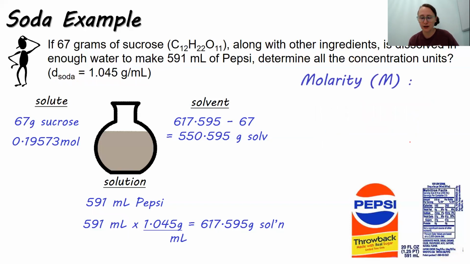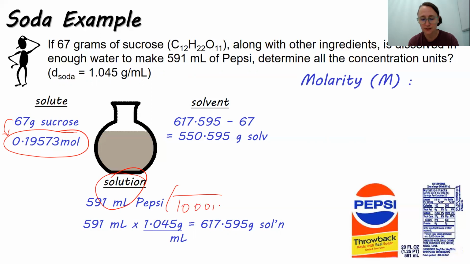All right, so let's try molarity. Molarity is moles of solute over liters of solution. All right, so we have already calculated the moles of solute because we have the 67 and we could use the molar mass to get the moles. We have the milliliters of solution, so we can convert that to liters, so divide by 1,000.